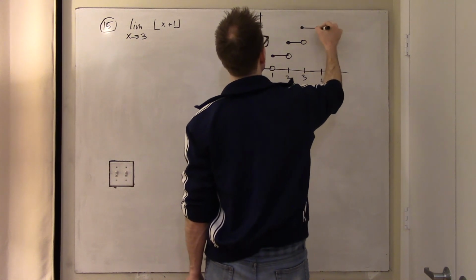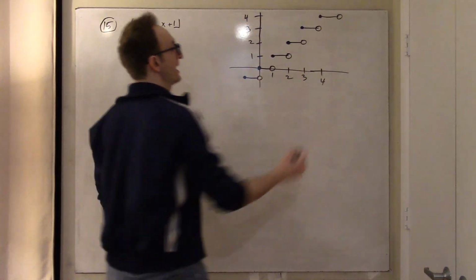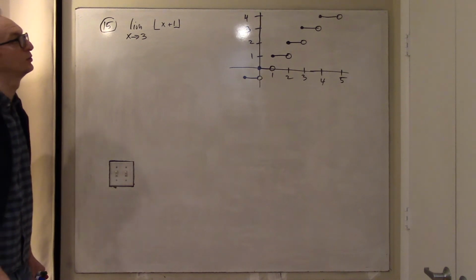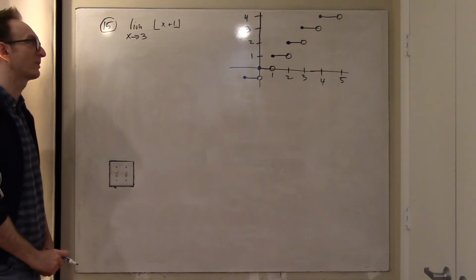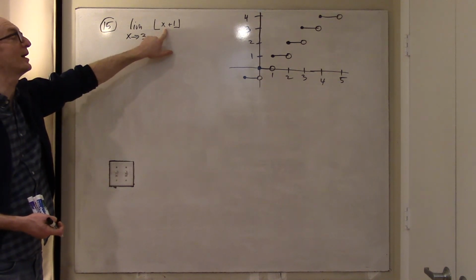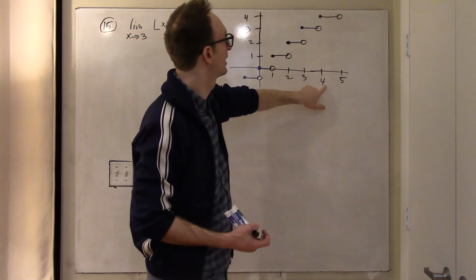Give me a second here. I think I've done that right. Yeah, I have. And so now, one thing you could do is just look at this graph, or you could just talk it out. But I think the answer here is that ultimately we're taking the floor of 4. And what happens when you take the floor of 4?